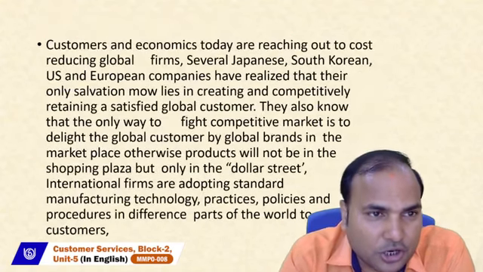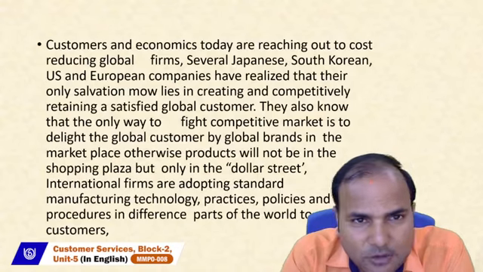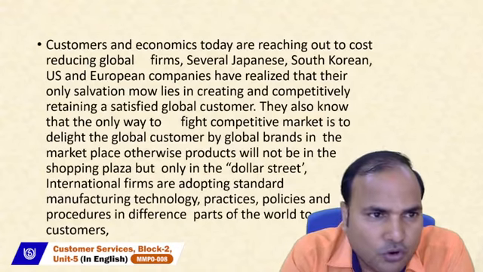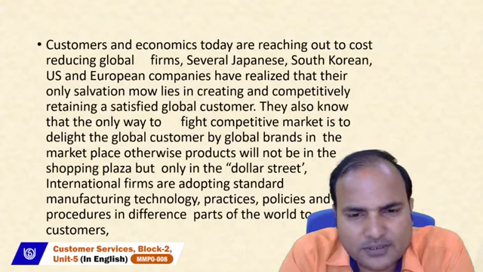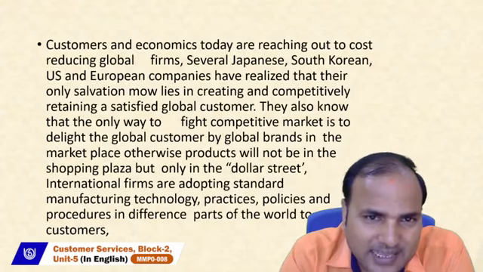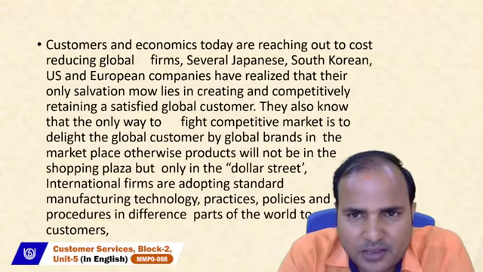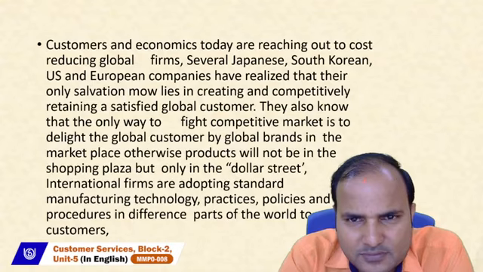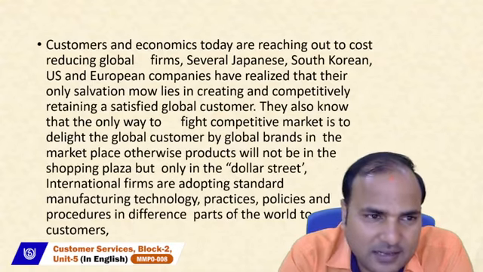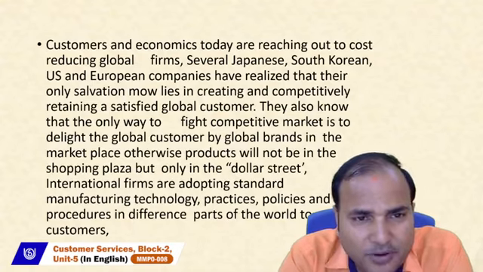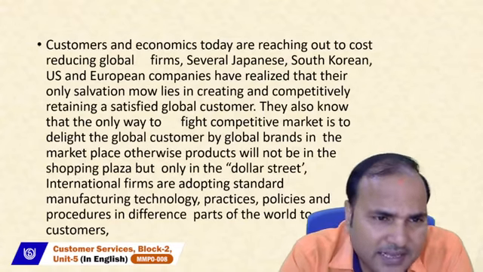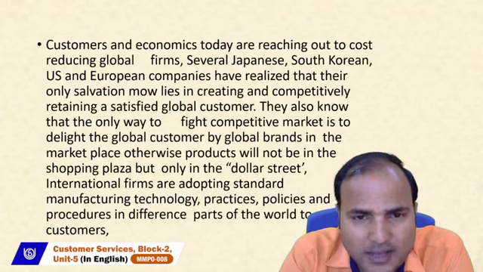And here, the customers and economics today are reaching out to cost-reducing global firms. Several Japanese, South Korean, US and European companies have realized that their only salvation now lies in creating and competitively retaining a satisfied global customer.